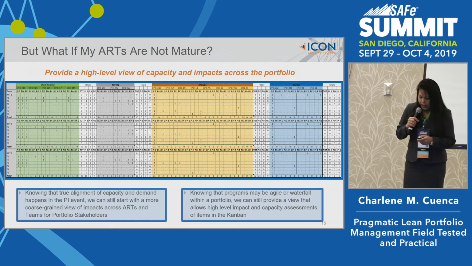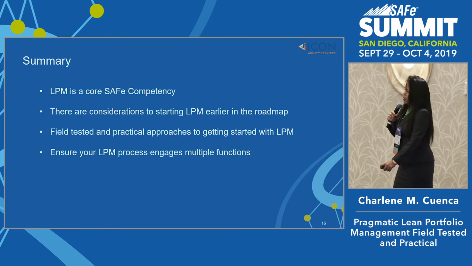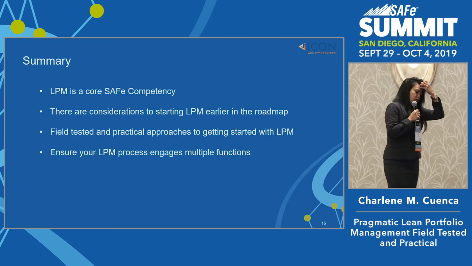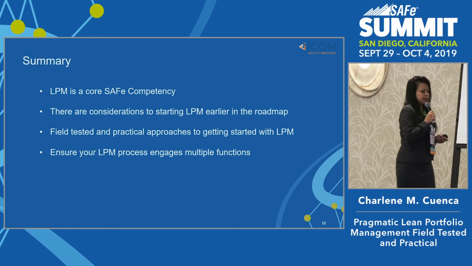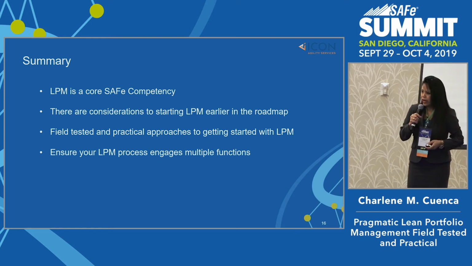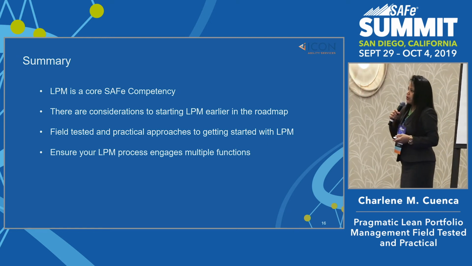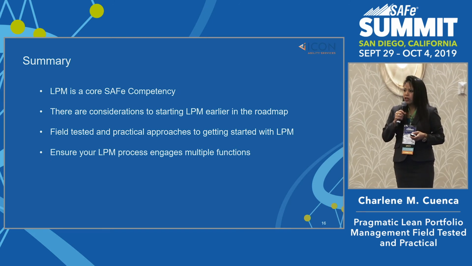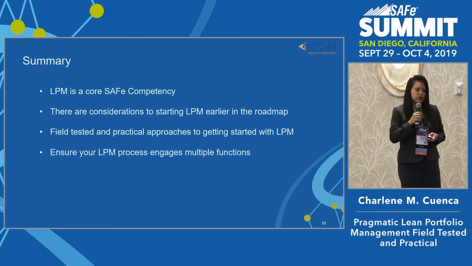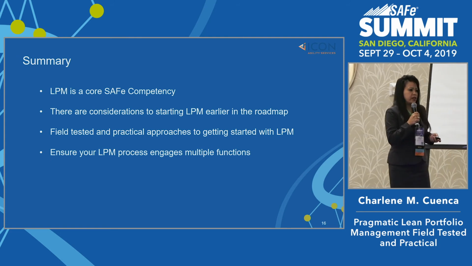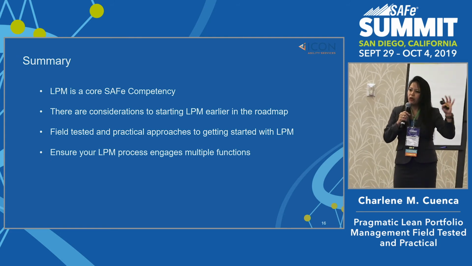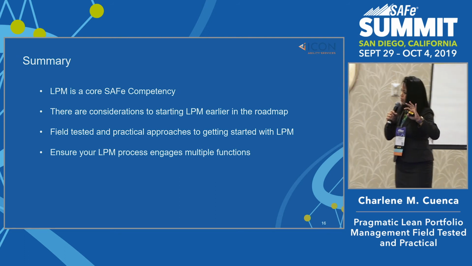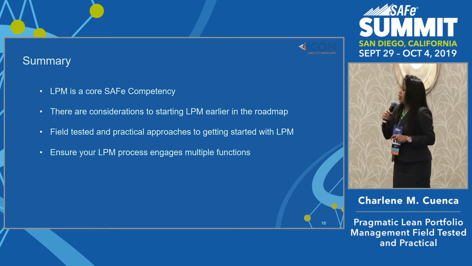All right, so in summary, Lean Portfolio Management remains a core competency in SAFe. It doesn't go away. In 5.0, in my opinion, it becomes more relevant because from a business agility perspective, Lean Portfolio Management practices are essential because you want to make sure that you have a good understanding of how strategy ties to execution, and that Lean Portfolio Management capability is where you do that.